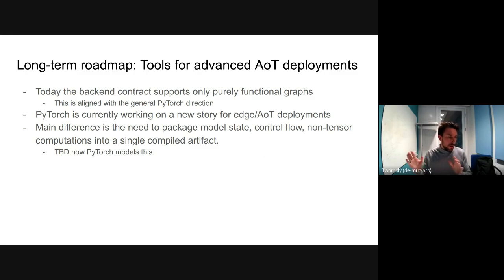But the one thing that's really clear is, as the first bullet here says, that we're aligning with what PyTorch is currently doing in terms of purely functional graphs, like what they currently do with tracing and Torch Dynamo and those sorts of things. We know that whatever they're building is going to be built on top of that type of abstraction.